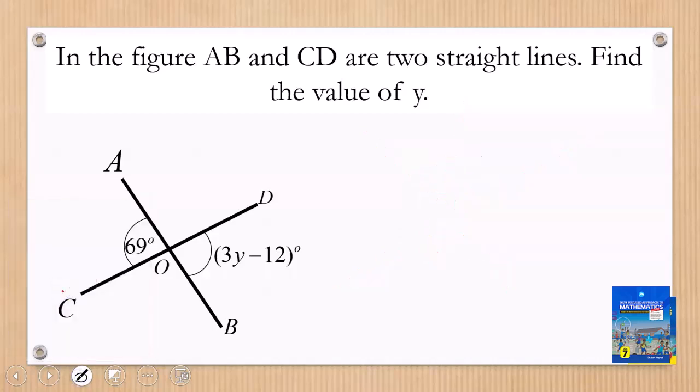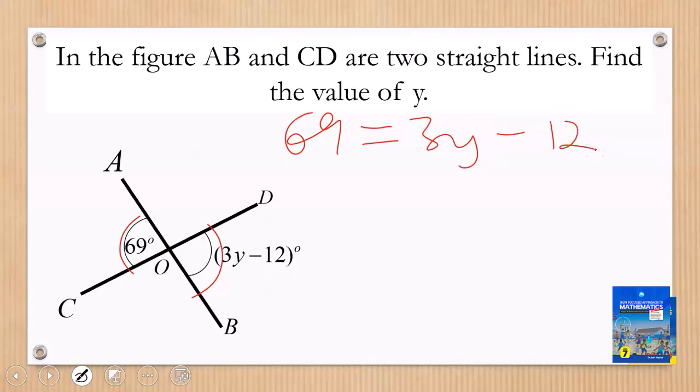Okay, so now they are vertically opposite. So 69 is equal to 3y minus 12. So we can use this to find the angle y. If I group like terms, I will say 69 plus 12 is equal to 3y.